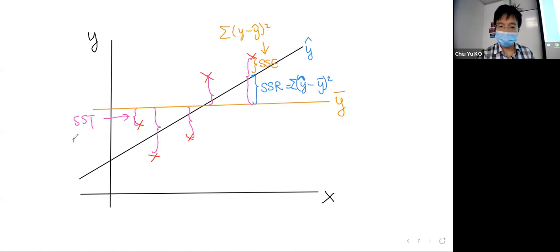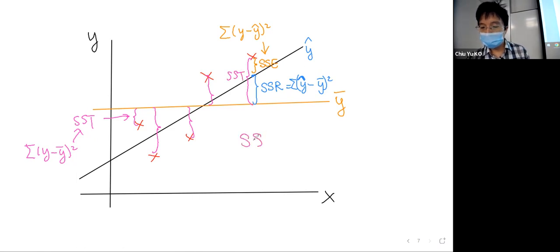And this is just y minus y bar, which is SST. So that difference is here. By looking at this, you can easily see that SST should, not surprisingly, equal SSE plus SSR.